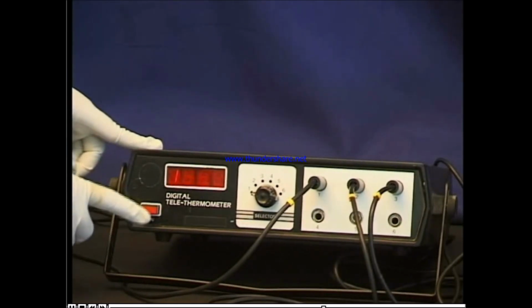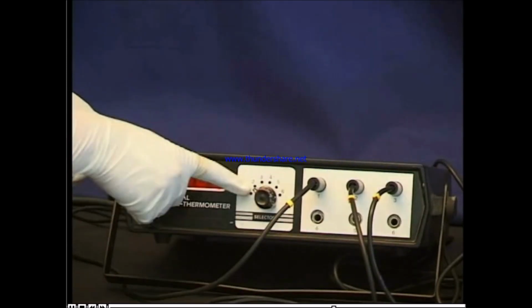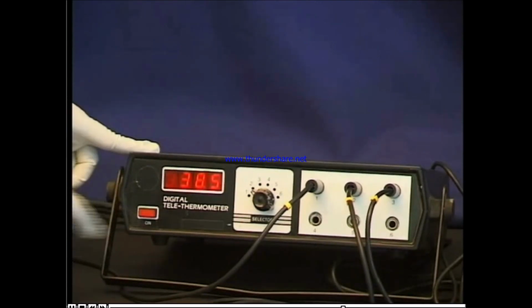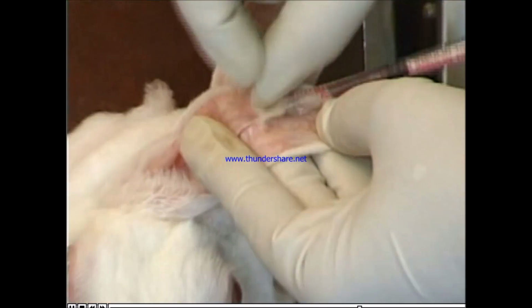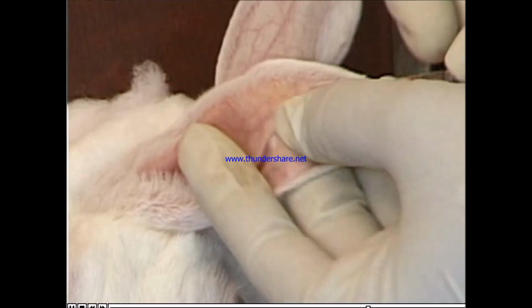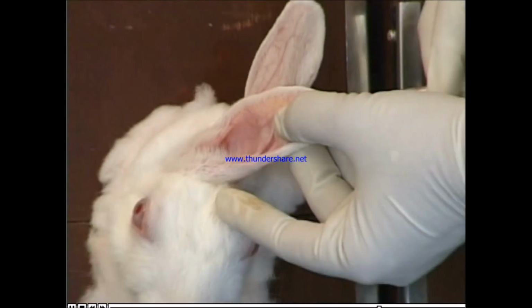Do not use any rabbit showing body temperature higher than 39.8 degrees or lower than 38 degrees centigrade. Now inject the test sample into the ear vein of each rabbit. Here, water for injection is used. The volume of injection is not less than 0.5 ml per kg.